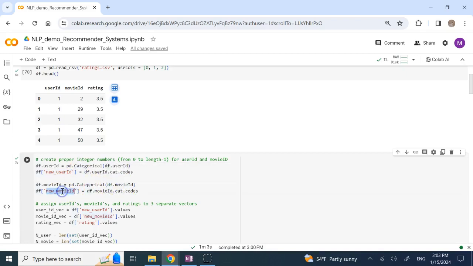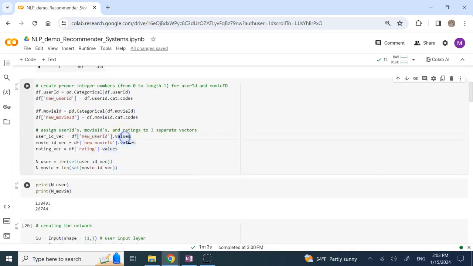And we repeat that for movie ID. So now we have 2 proper columns. And now we use the values of these 2 columns and assign them to the user ID vector and the movie ID vector. And then the value of the rating column we assign to the rating vector. So now these 3 vectors are ready to be used for the network.